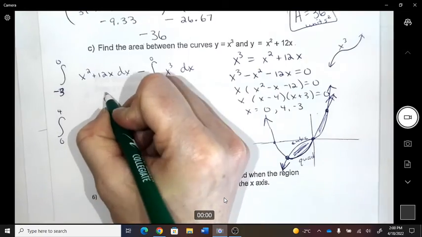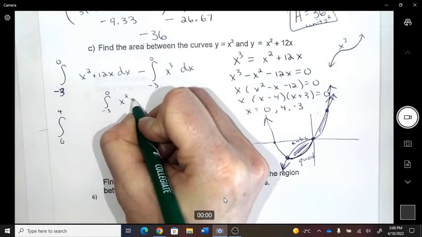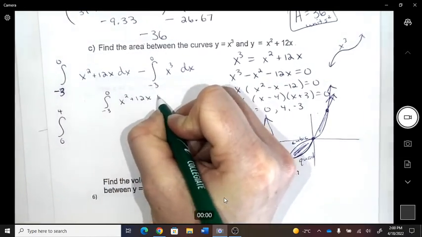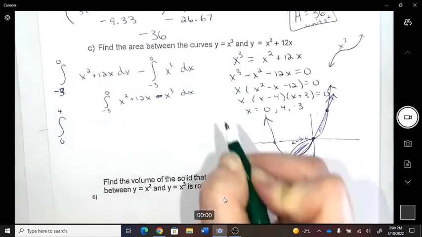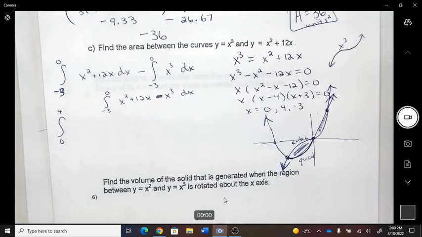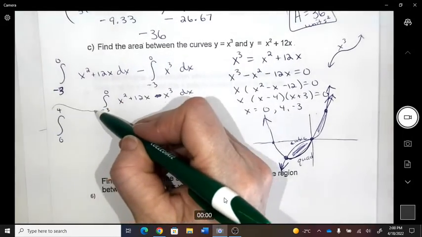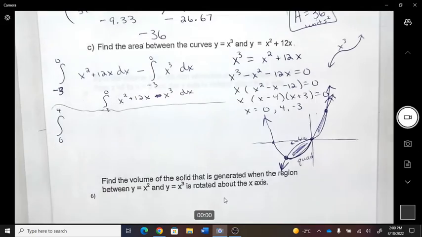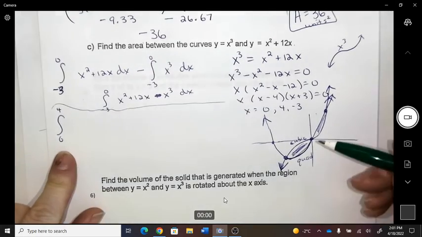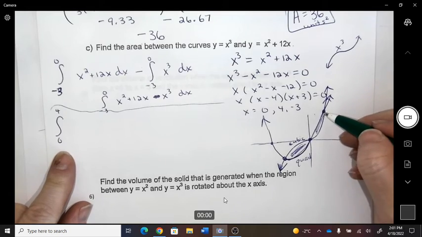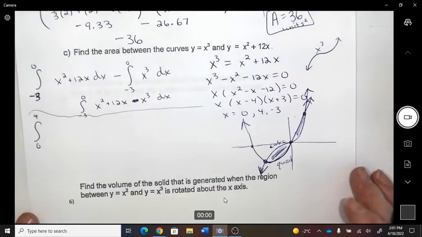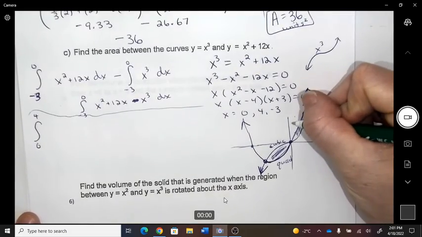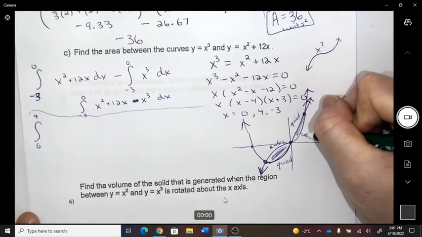If I wrote that together, that would also work. Okay, so in this section, it would also make the same sense to do the quadratic minus the cubic.